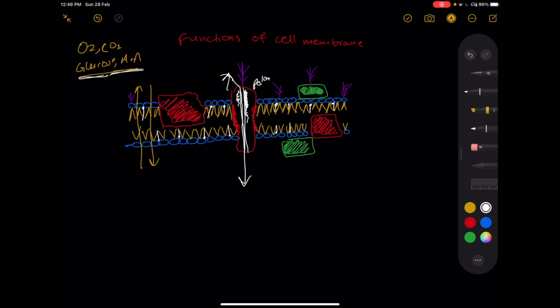How does it do that? It does that by restricting entries of certain molecules because of the phospholipid barrier, which is partially permeable, but when it needs polar compounds, it can get them through these proteins. There are other functions of these proteins and lipids as well.